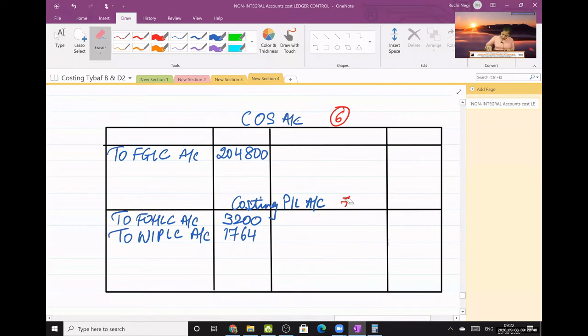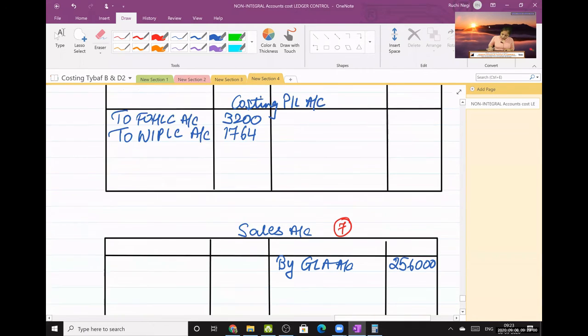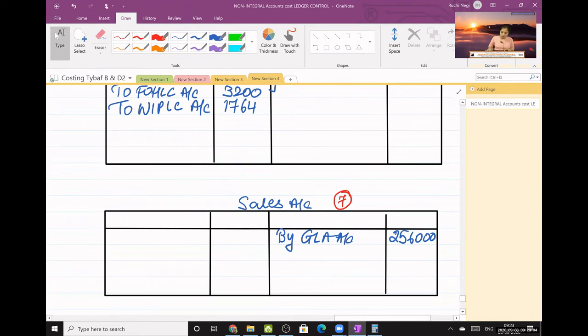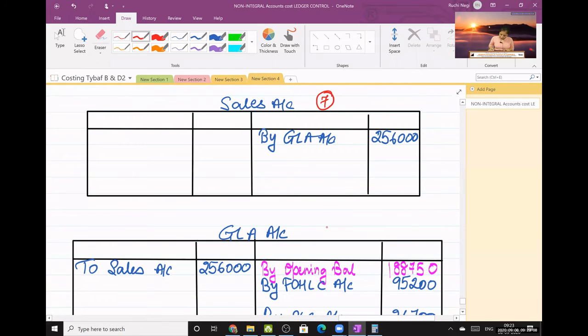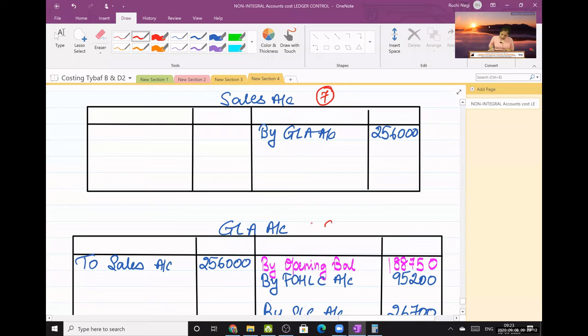No, not PNL. 7th is sales. Actually, I should have created sales earlier. It's okay. Sales, after cost of sales, it should be the sales account. Okay, it's okay. 7, 8, and this will be the 9th.